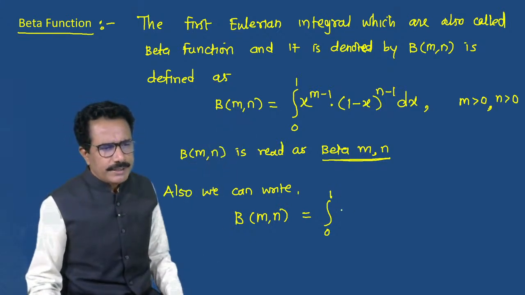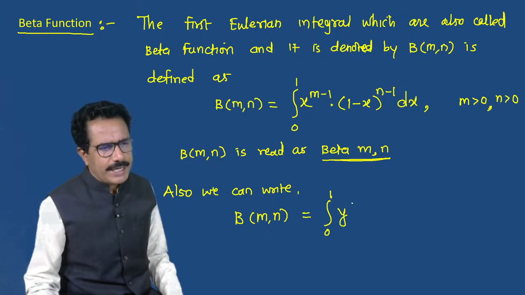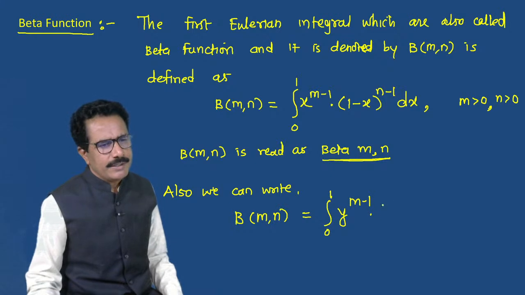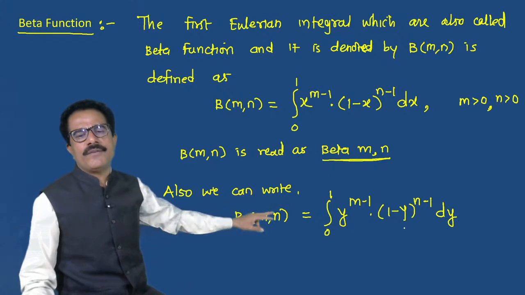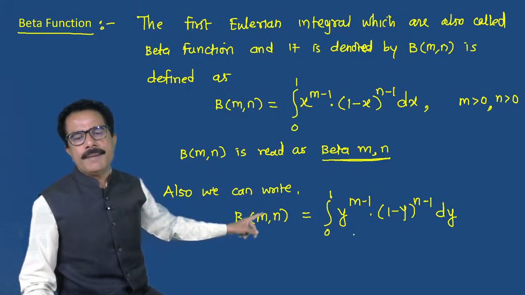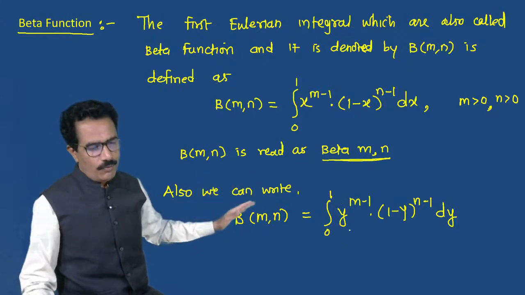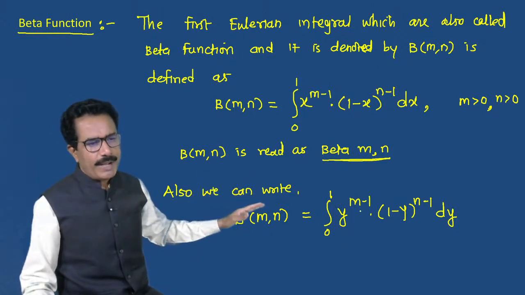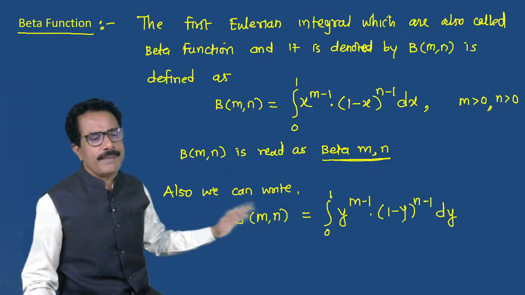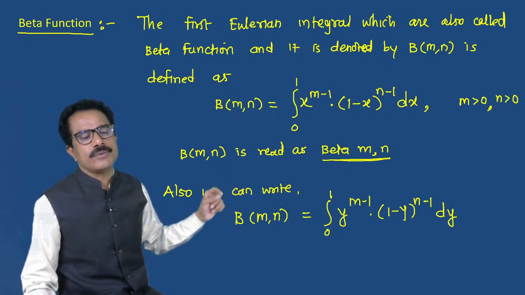So that means y raised to m minus 1 into 1 minus y raised to n minus 1 dy. That means in terms of y, beta m comma n is equal to the integral from 0 to 1 of y raised to m minus 1 into 1 minus y raised to n minus 1 dy.